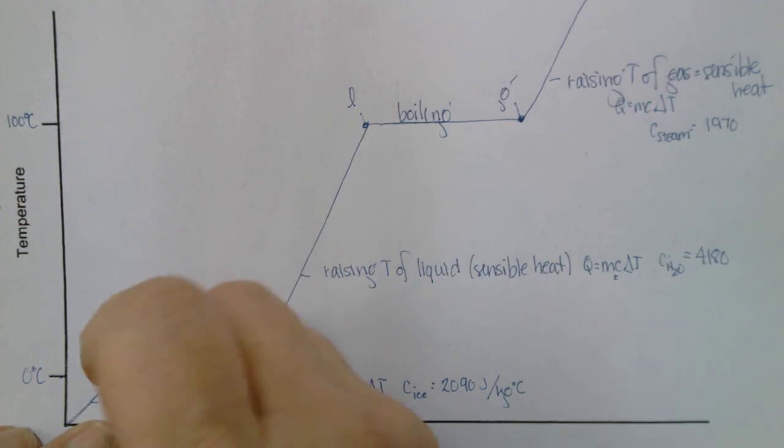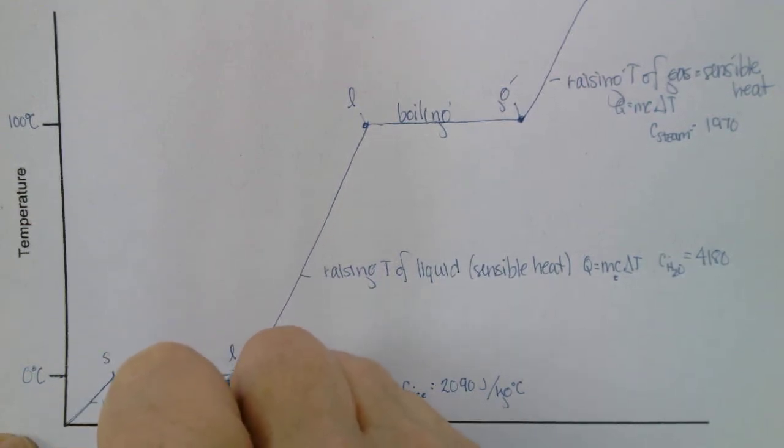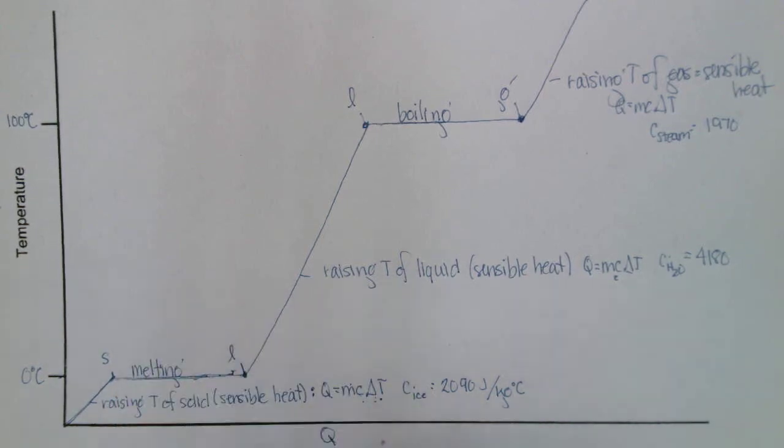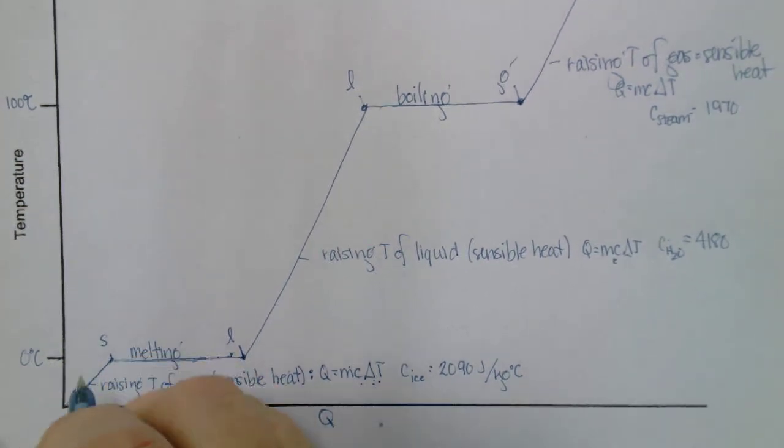The melting and boiling are called latent heats, and I actually need to mark this down here. This little packet of heat that is necessary to melt my substance is called the latent heat of fusion.